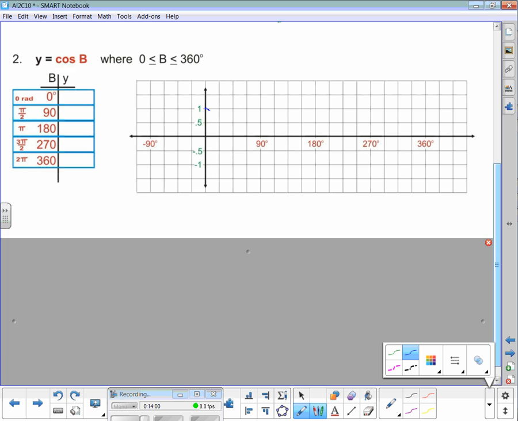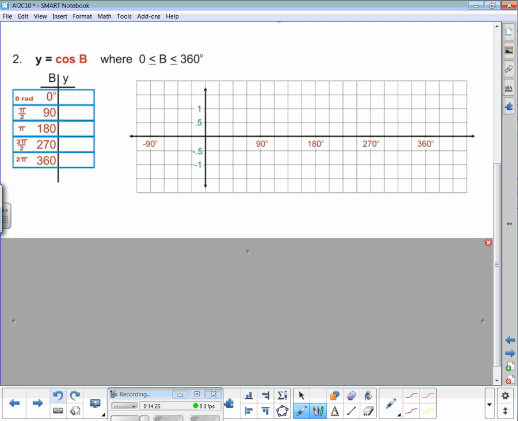Here's what you'll get, and then you'll say, okay, I guess the wave looks like that. Well, yeah, you found all true points, but the problem is you don't know what the wave looks like, and therefore you didn't find enough points to give the shape of the thing. Everything you did was true. It's just you didn't give enough points to really show what it was. And so it's important that you learn the basic shape of these to help you along.